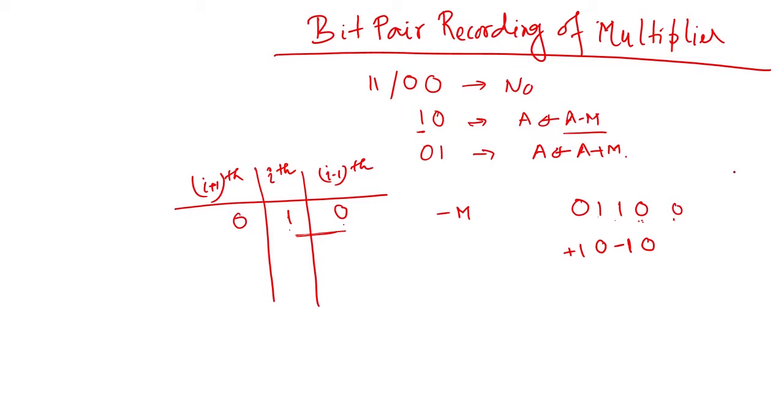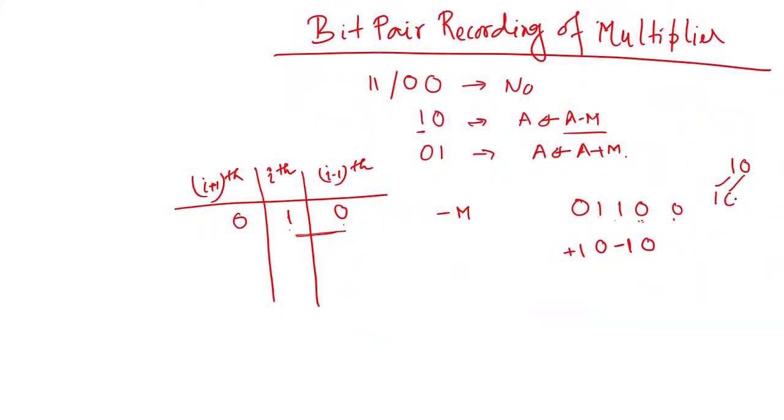But what is this minus 1, 0, plus 1? As we know, suppose you have a value 1 0. If you shift on the left side, 1 will come here, 0 will come here, and then 0 will be here. Simply shifting 1 bit is nothing but multiplying by 2. If you shift 1 more bit, we get 1 0 0, which is 4, and 4 into 2 is 8. Whenever we are shifting on the left side, there is a multiplication with 2.